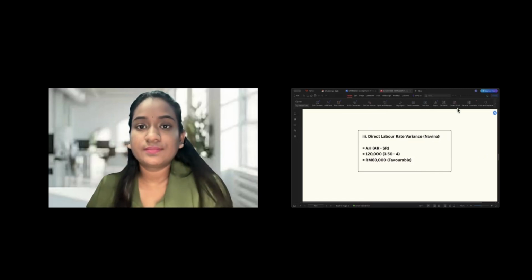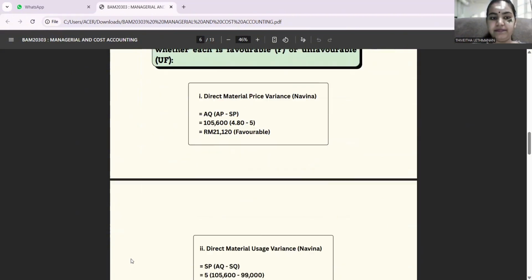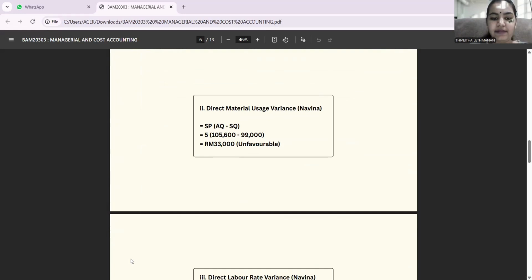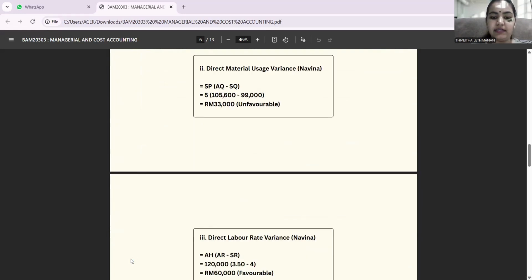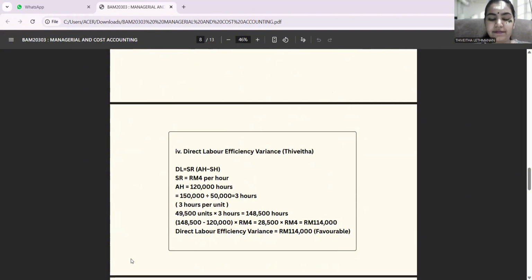Thank you. Next, we have to calculate the following variances, indicating whether each is favorable or unfavorable. I have done direct labor efficiency. From this calculation, I get the variance measuring whether labor hours were used efficiently.